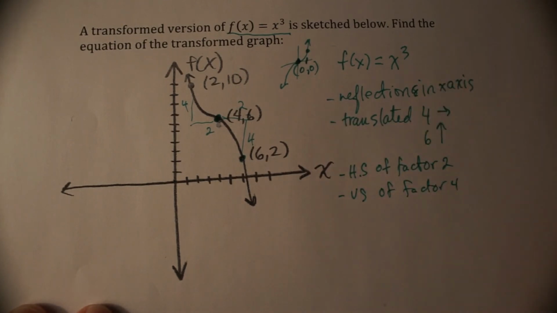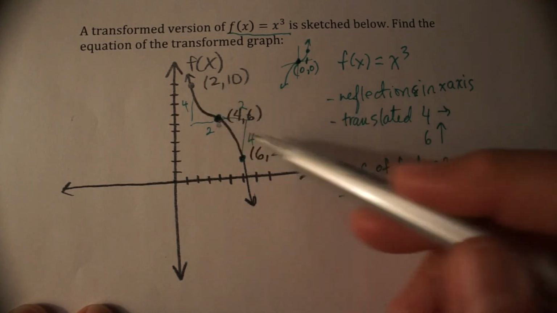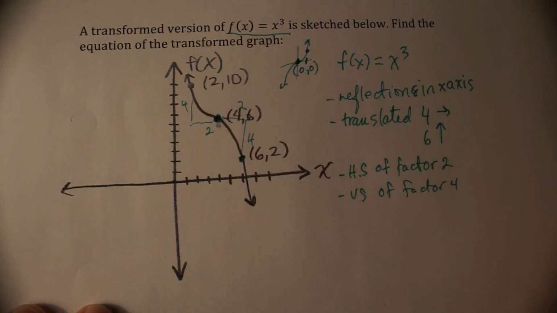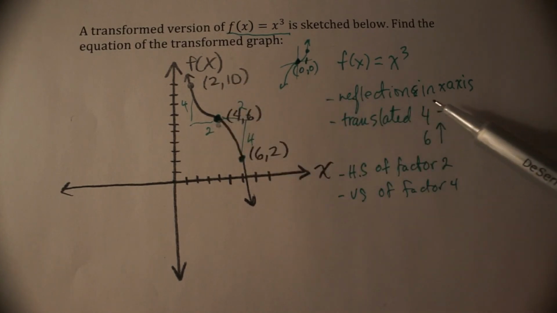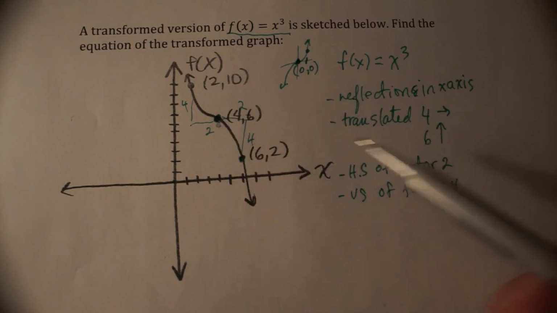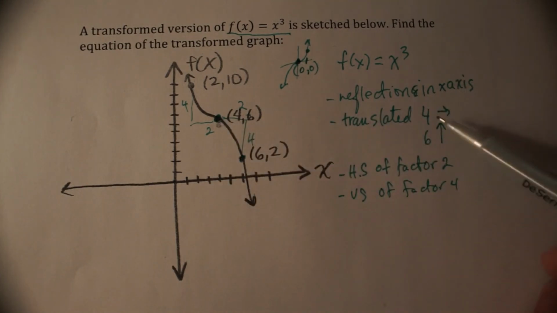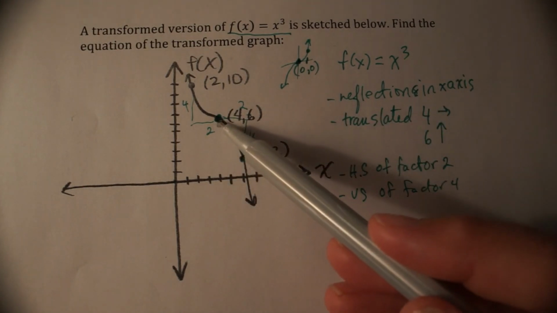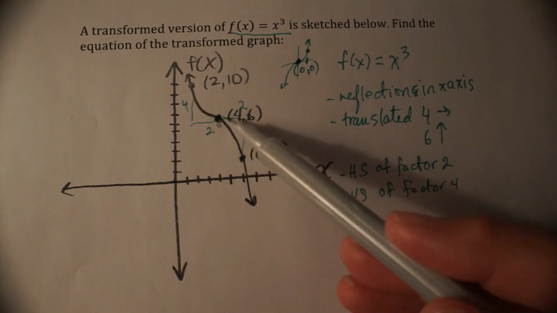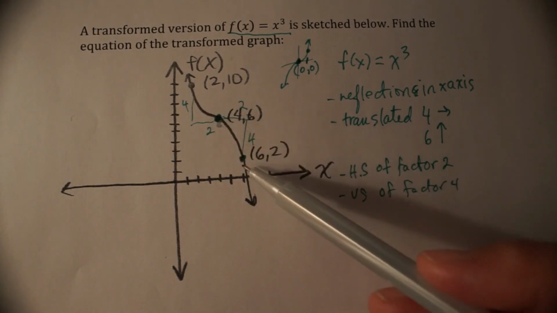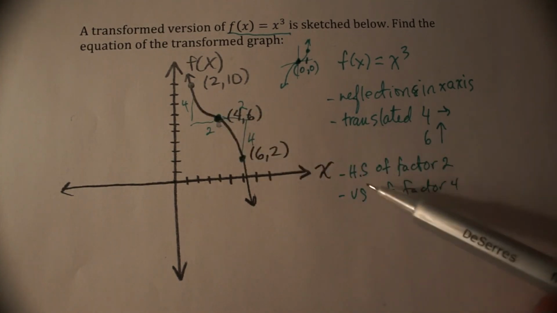So once you have all the things listed that have happened to our graph, now it's easy to write the equation. So just to review quickly, you look for the reflections, that's easy, you just look at the shape of it. You look for that special point, the 0, 0, where is it moved, because that will have to be automatic translations. Then you look for the second special points, and you say, oh, are they 1 and 1? Because if they're not, that means they've been stretched.